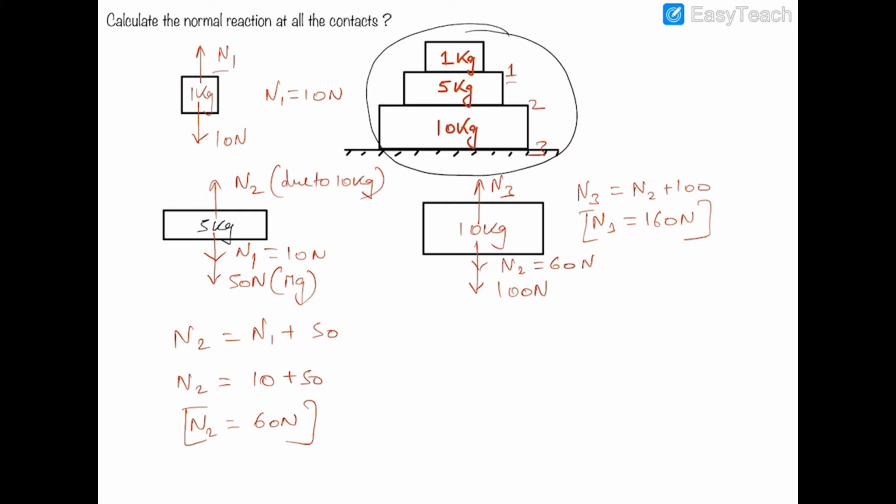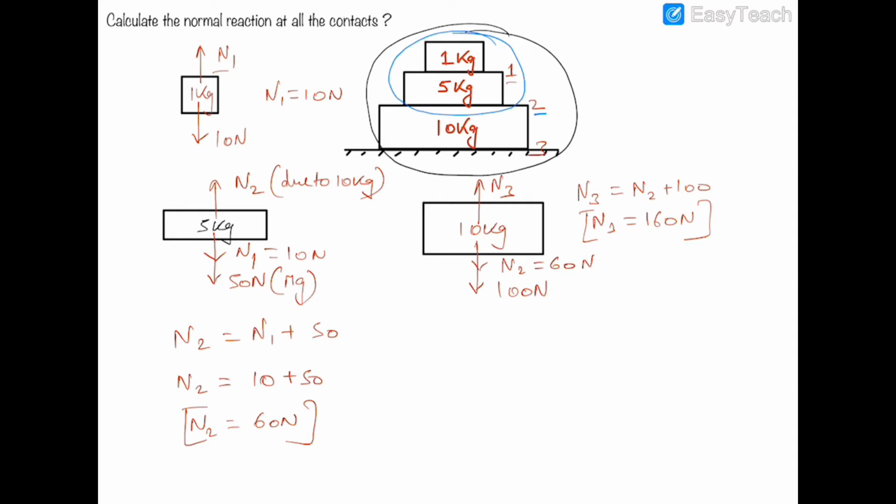Now if you have to calculate N2, you assume this as a system. The idea behind this short trick is that to calculate a normal reaction like N2 or N3, you have to assume all the blocks situated upon that surface as a system.